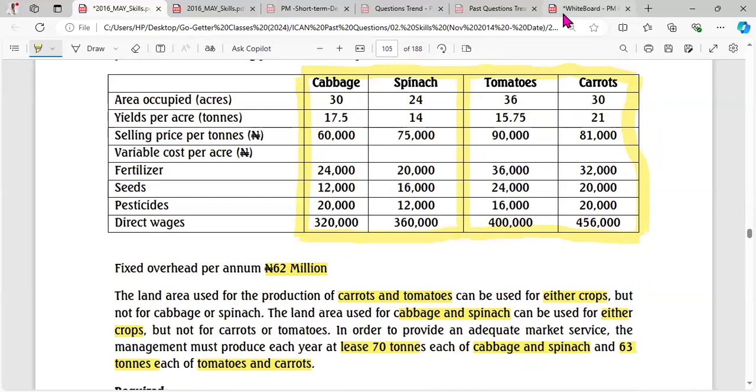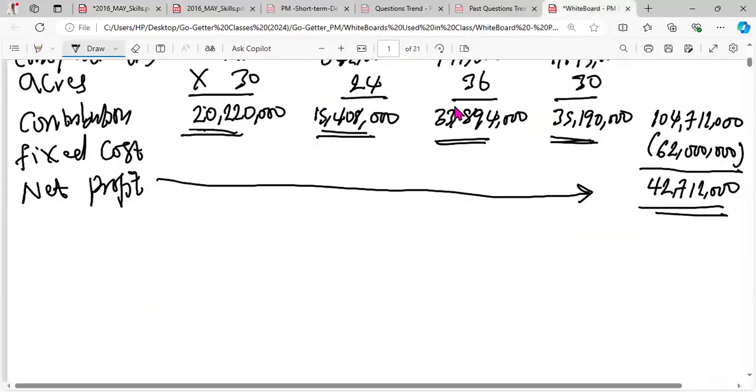So now this makes the land here, which is in area, the area of the acre. We look for the contribution per acre is what we have just gotten.